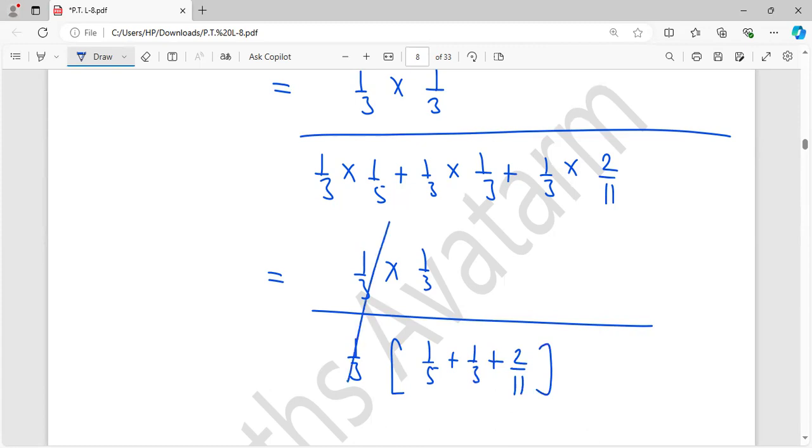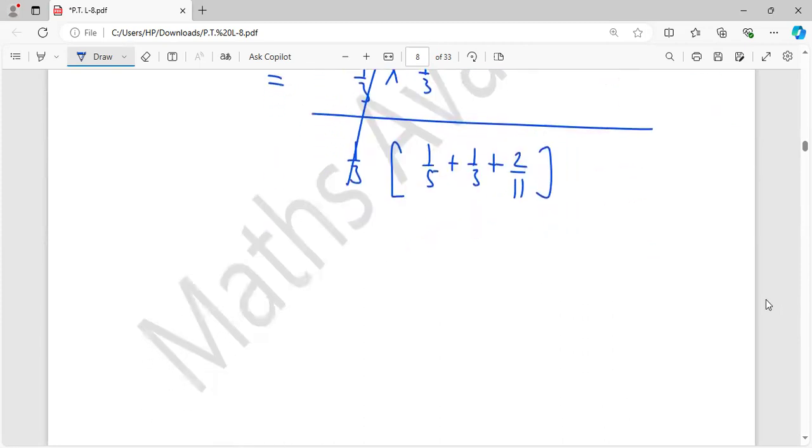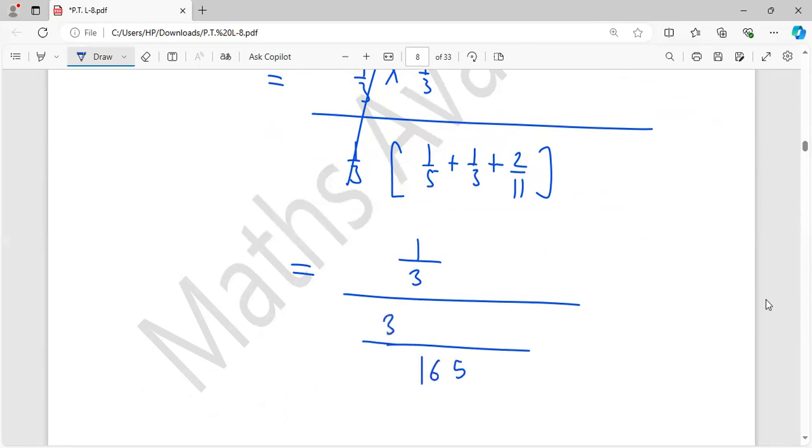So this cancels out. So what did you get? You get 1/3, and you take the LCM here. This is 33 plus 55 plus 15.